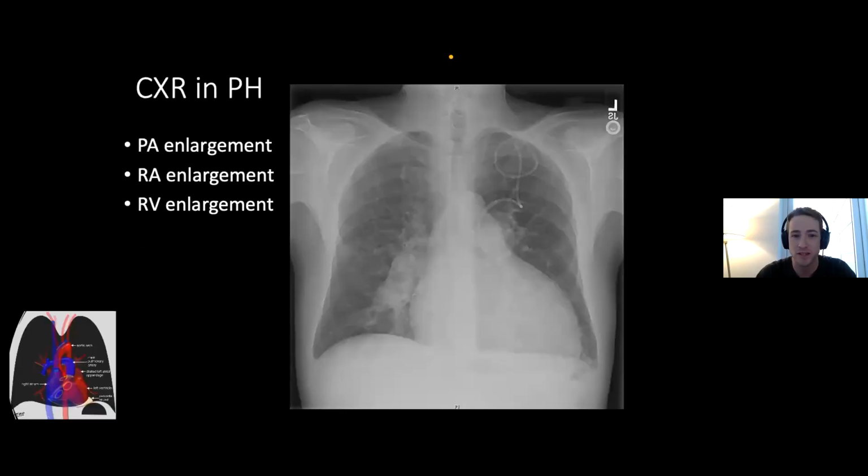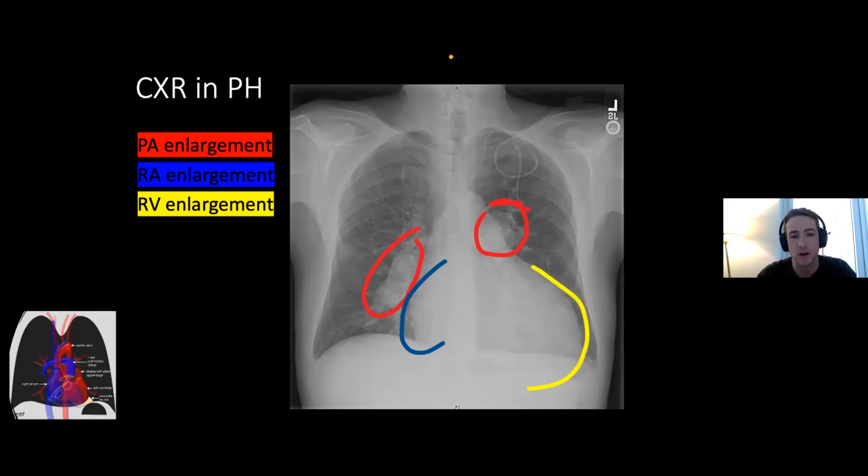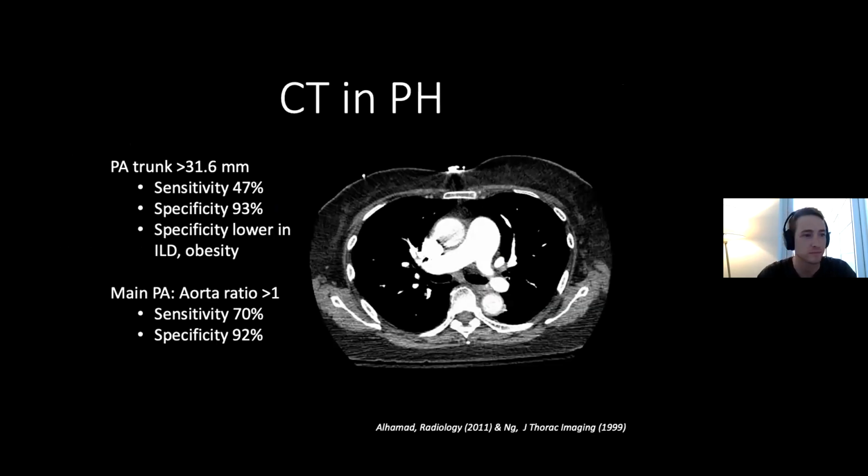So when we look at a chest x-ray of a patient with pulmonary hypertension, we can see some evidence of right atrial enlargement here. We can also see some pulmonary artery enlargement and right atrial enlargement as well. And we also see some evidence of right ventricle enlargement, although I don't think that's a very sensitive examination.